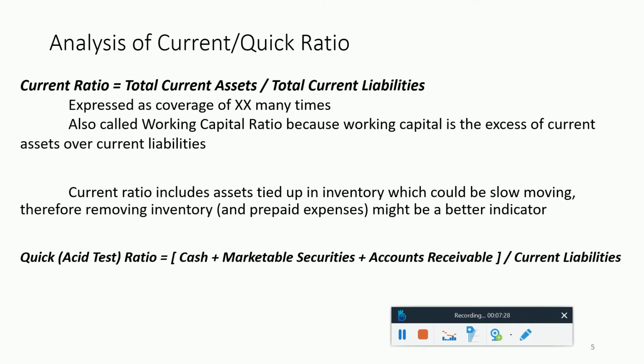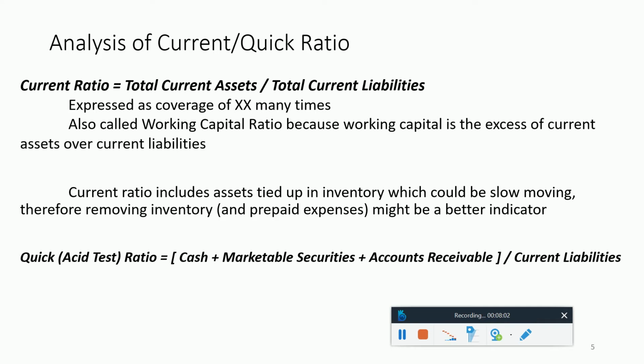Now, alternatively to the current ratio, there's a second ratio that's called the quick ratio or the acid test ratio. And this ratio is a modification of the current ratio, and the reason for it is in the calculation of the current ratio, that ratio includes in the numerator, the current assets number, assets that are tied up in inventory, which could be slow moving, and prepaid expenses, which are not going to be turned into cash.